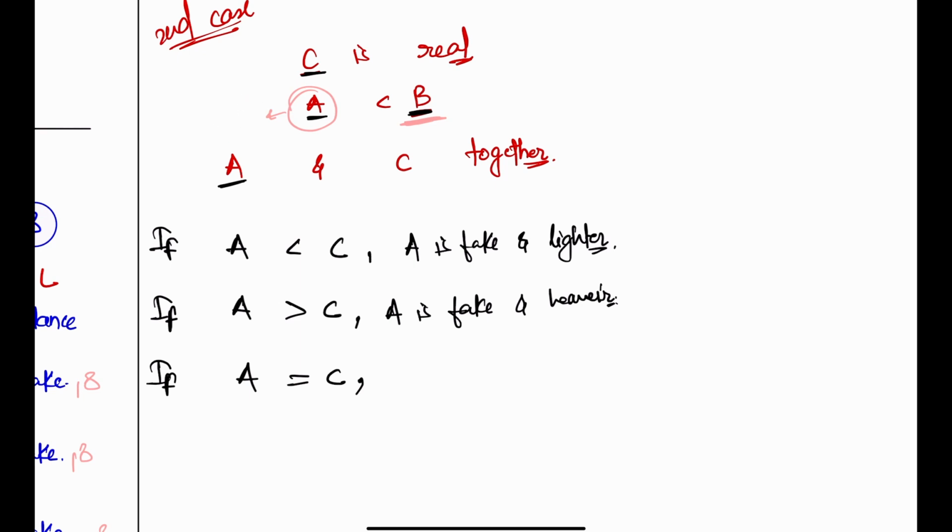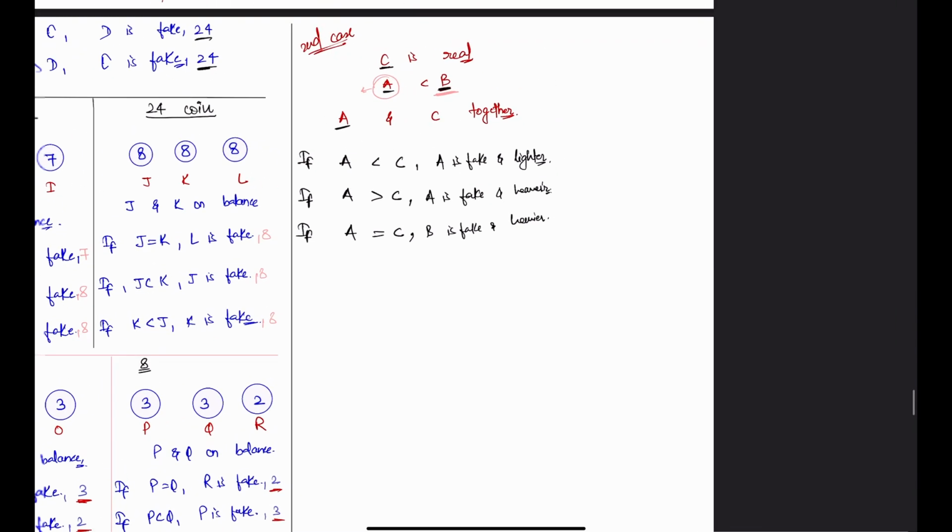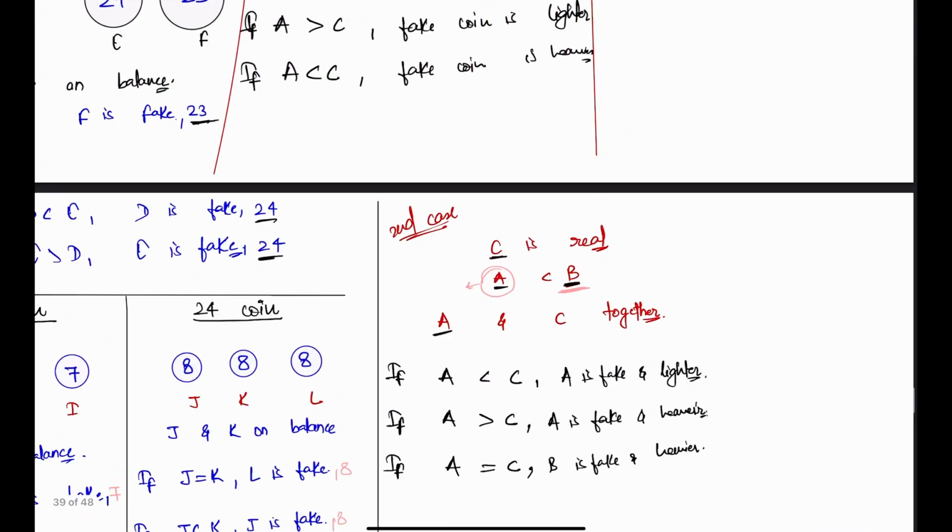And if B is heavier than this one, then we can surely say that B is fake and heavier.